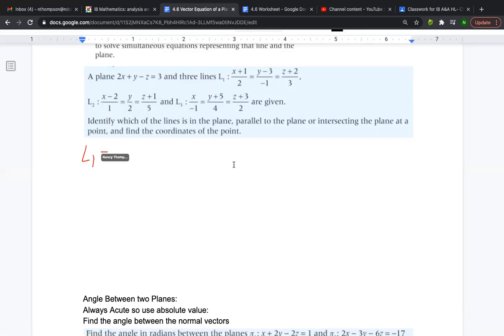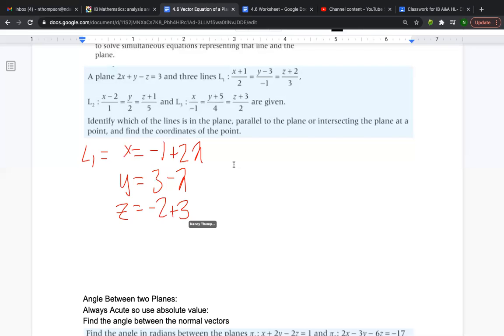When I rewrite it in parametric form, I have x is equal to -1 plus 2 lambda, y is equal to 3 minus lambda, and z is equal to -2 plus 3 lambda. You might want to write this smaller. I'm just tired of zooming in and out. From here, I'm now going to just plug in those values to the plane.